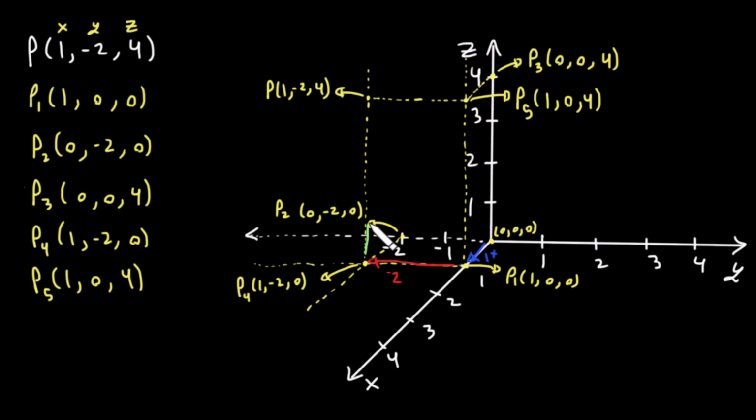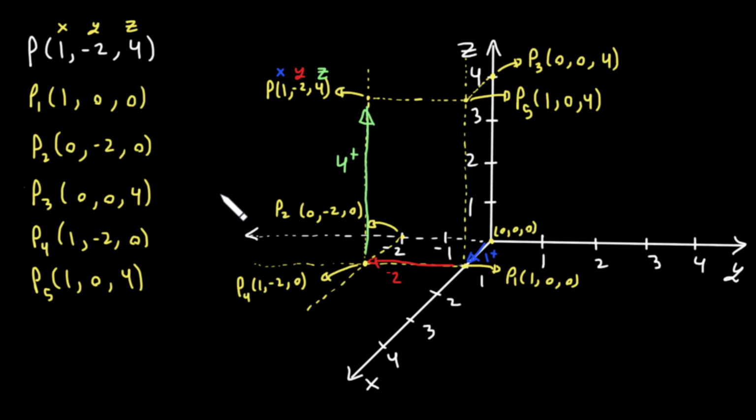So from here to there, up 4 units, of course positive because we moved up. So 1 unit right, then 2 units backward, then 4 units up. So it looks like this. Here 1 unit in x, here in y, and here in z.